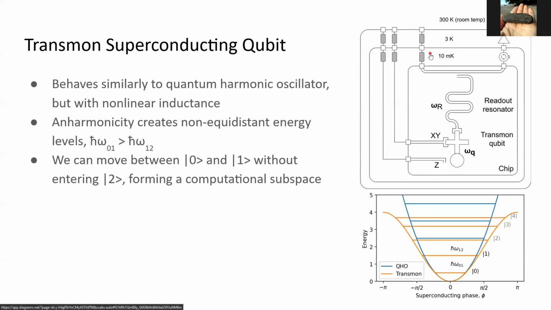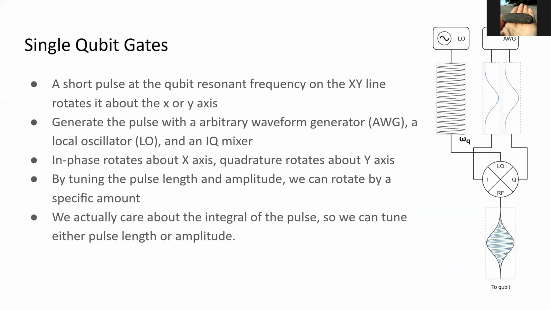And that has an input and an output that is amplified. All of this is inside a cryostat on the order of 10 millikelvin, which is required for silicon to behave as a superconductor. So let's talk about how a single qubit gate works.